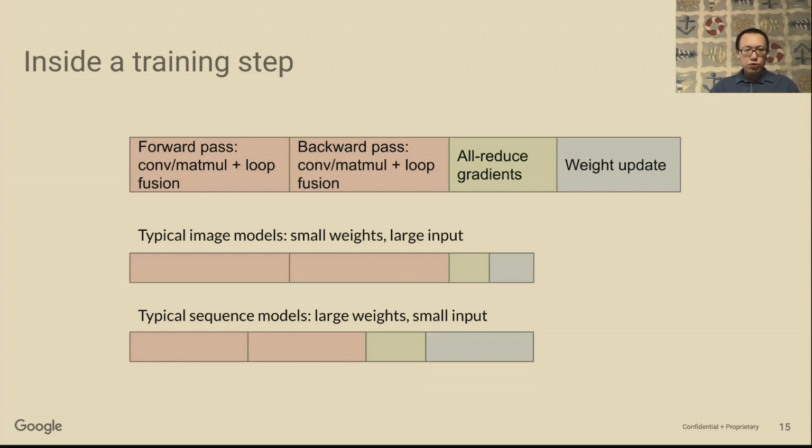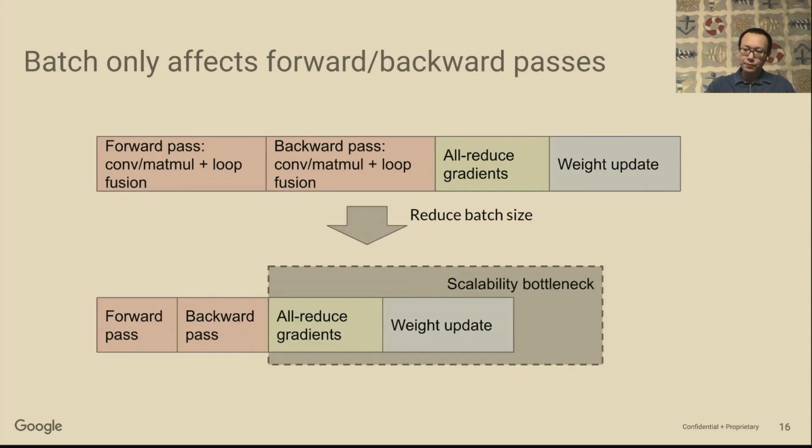For typical image models, they usually have small weights and large inputs, thus the all reduce and the weight update portion is relatively smaller. But for sequence models, they usually have relatively large weights and small inputs and activations. So the portion of all reduce and weight update is relatively larger.